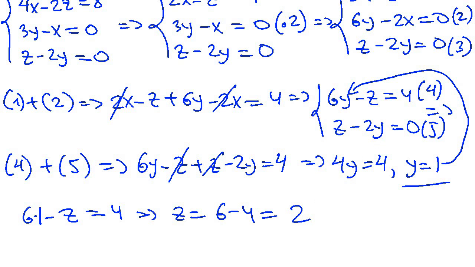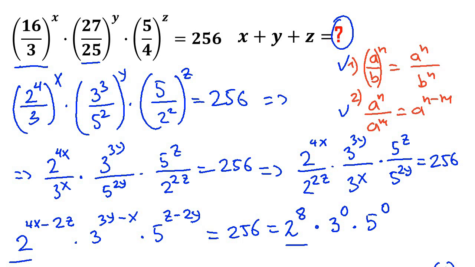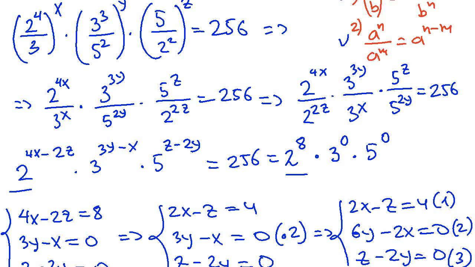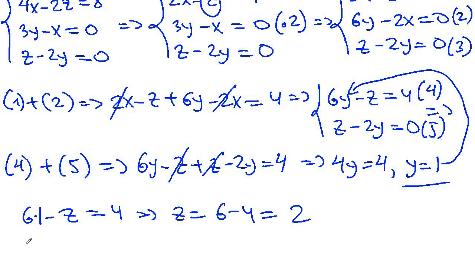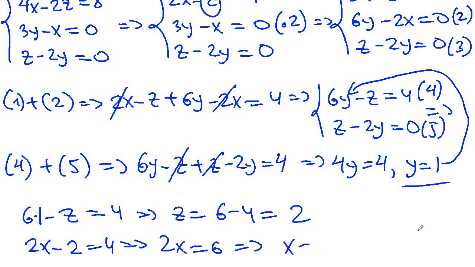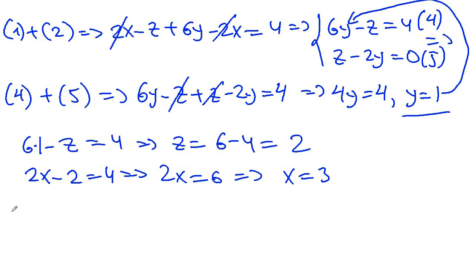We can plug z equal to 2 into the first equation, then we'll get 2x minus 2 is equal to 4, and here 2x is equal to 6, and finally we'll get x equal to 3. So if we finalize, our solutions are x is equal to 3, y is equal to 1, and z is equal to 2.